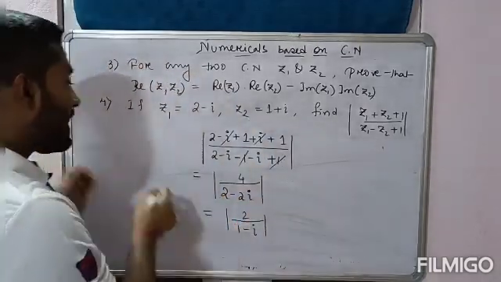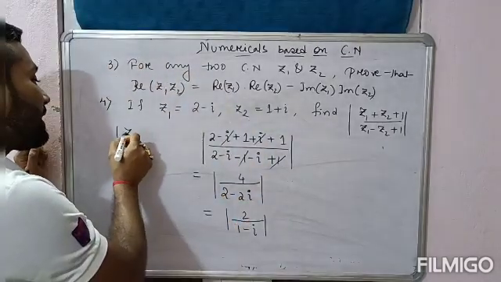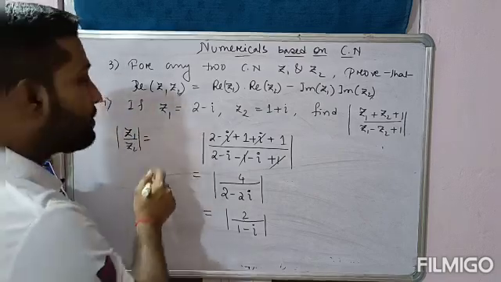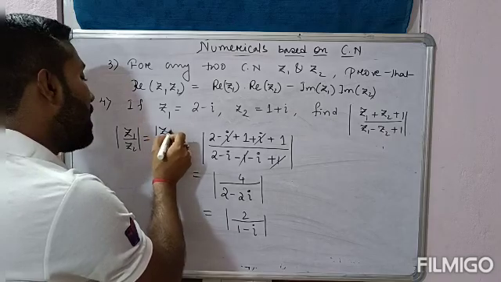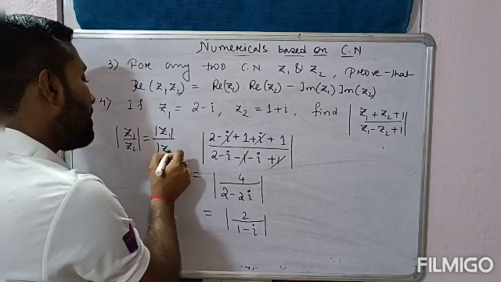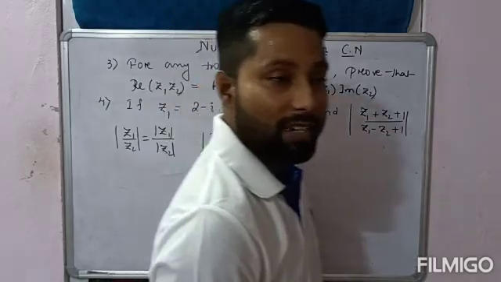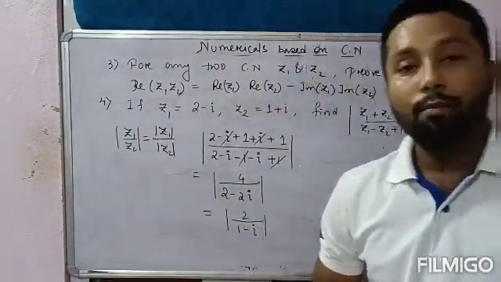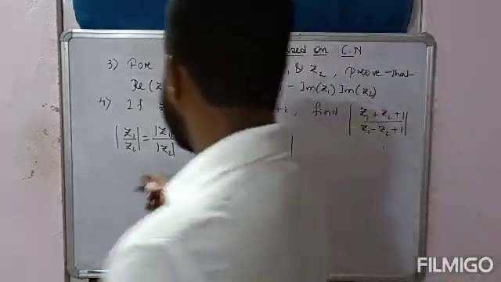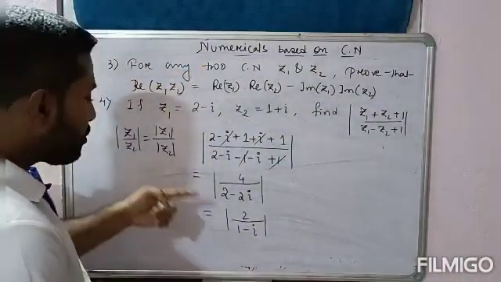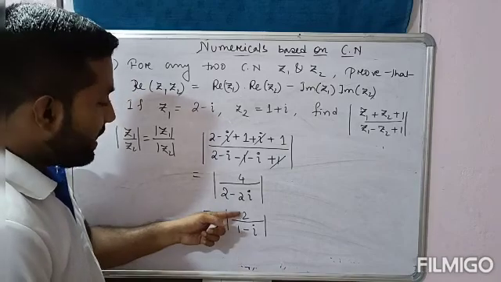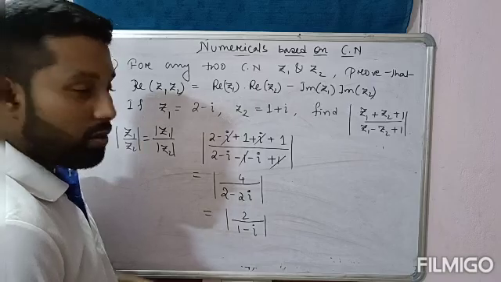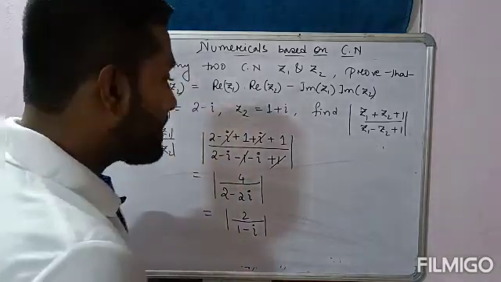Now in the last class I have given one property, that is modulus of z1 by z2, whole modulus, this is equal to modulus z1 by modulus z2. So here also we can do the same thing. It is also in the form of whole modulus z1 by z2.